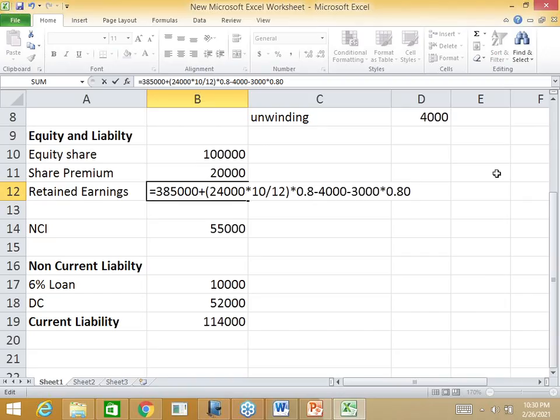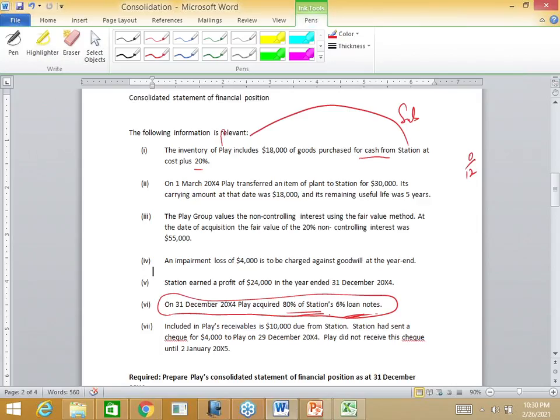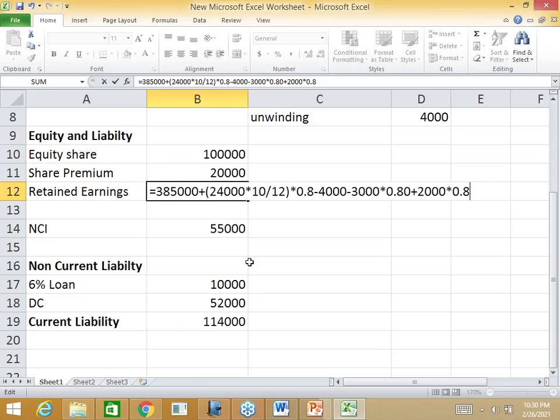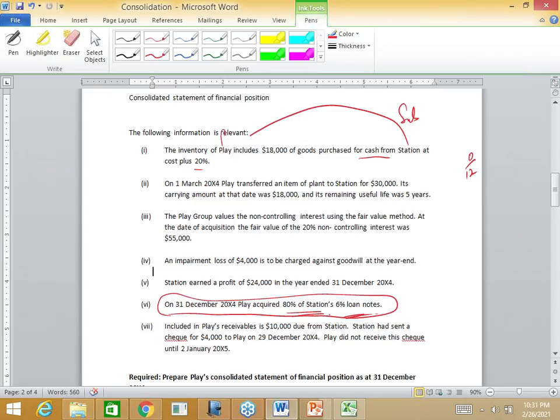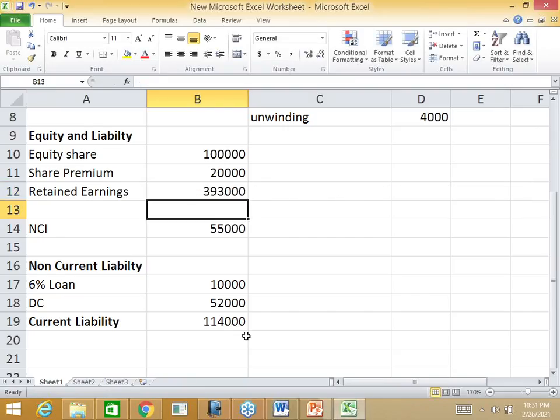So the amount was 2,000. So the reversal of depreciation, 2,000, should be added into 0.8. That's note 2. Note 3 has been done already. Note 4 is about the impairment: impairment of 4,000 into 0.8. Note number 5 is done. Everything is done. Yes, that's my retained earnings.